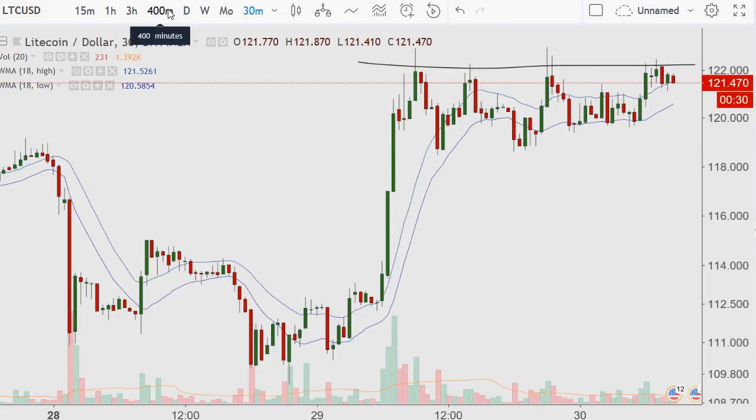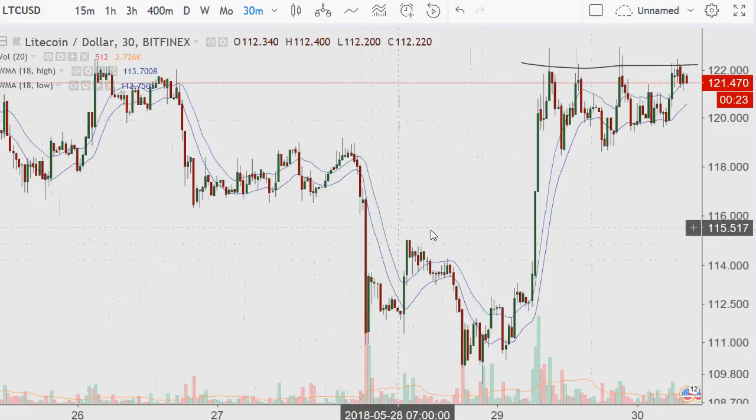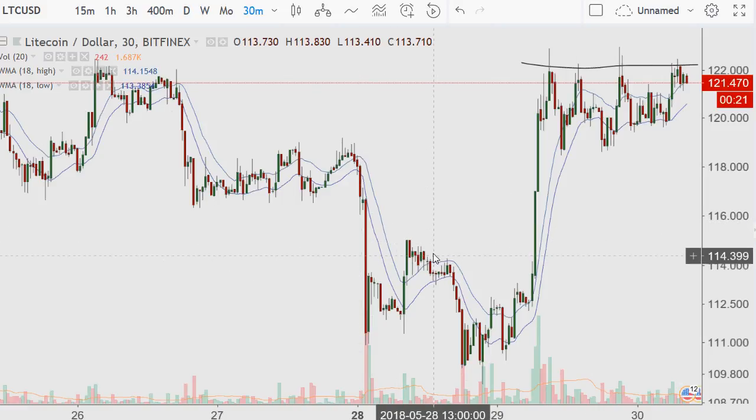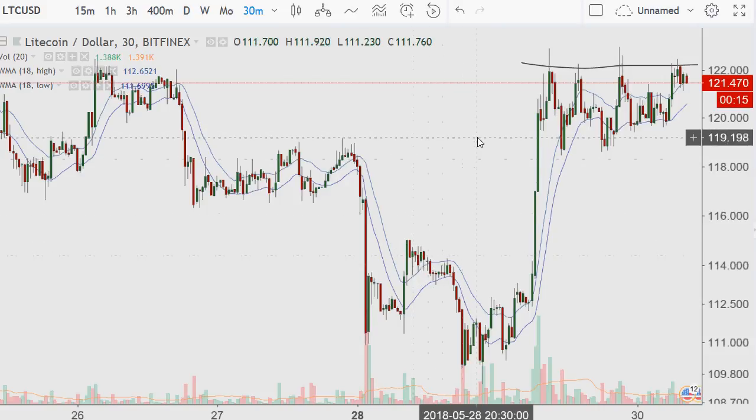So we've already seen that the price target on a breakout above is about 132. I would be looking at around this 113 to 114 area to be where support would come in based on its range, because it's the exact same.